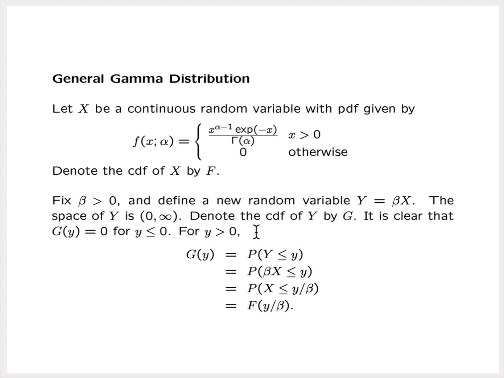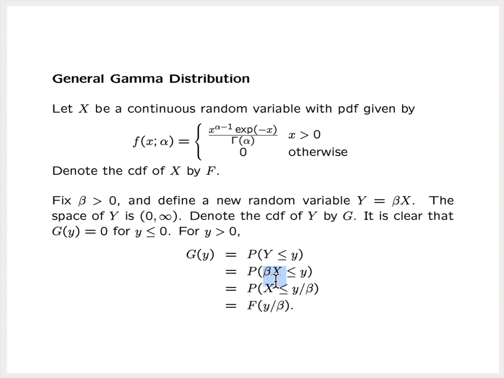Now, for values of little y that are positive, in the sample space of the random variable y, the CDF evaluated at such a value, by definition, is equal to the probability that the random variable y is less than or equal to the argument being fed to the CDF, little y. Now, y is equal to beta x, so I can replace y in this probability statement by beta times x.